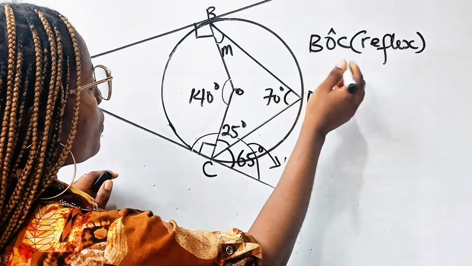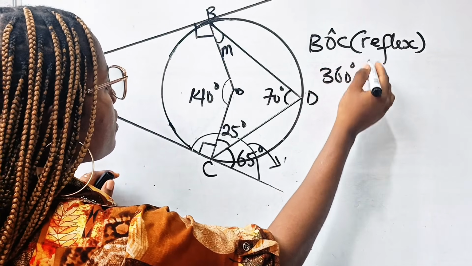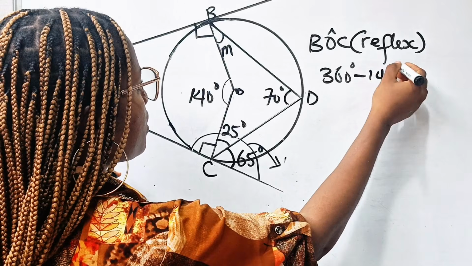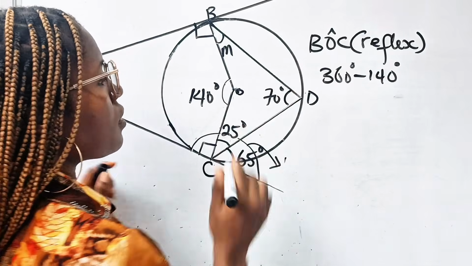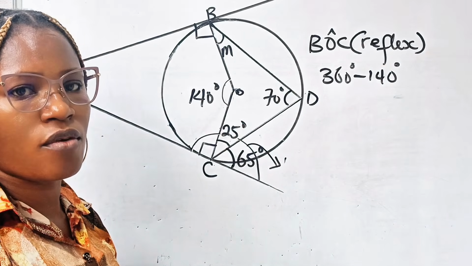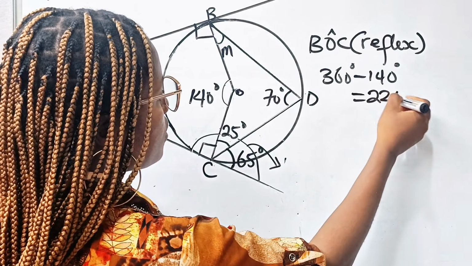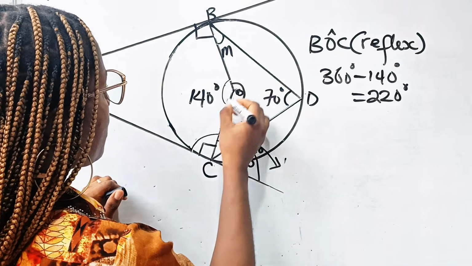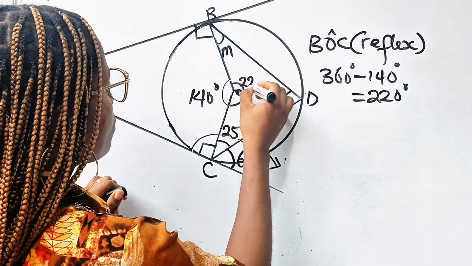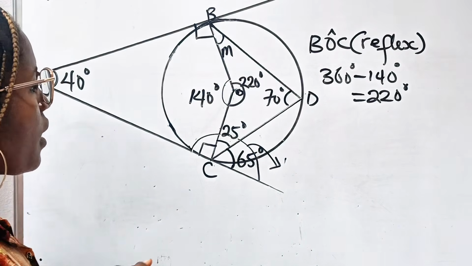So reflex angle BOC will be 360 degrees, take away 140 degrees. Okay? 360 degrees, take away 140 degrees, and that will be 220 degrees. So this place is 220 degrees.